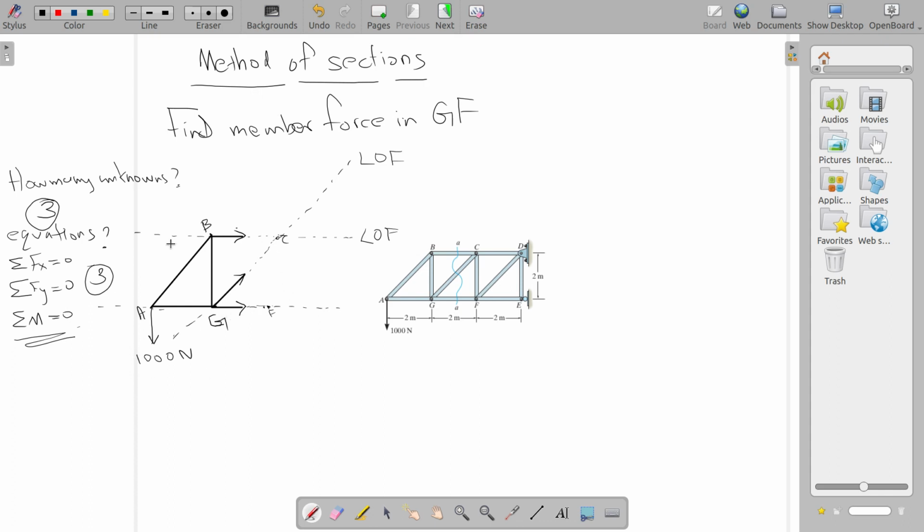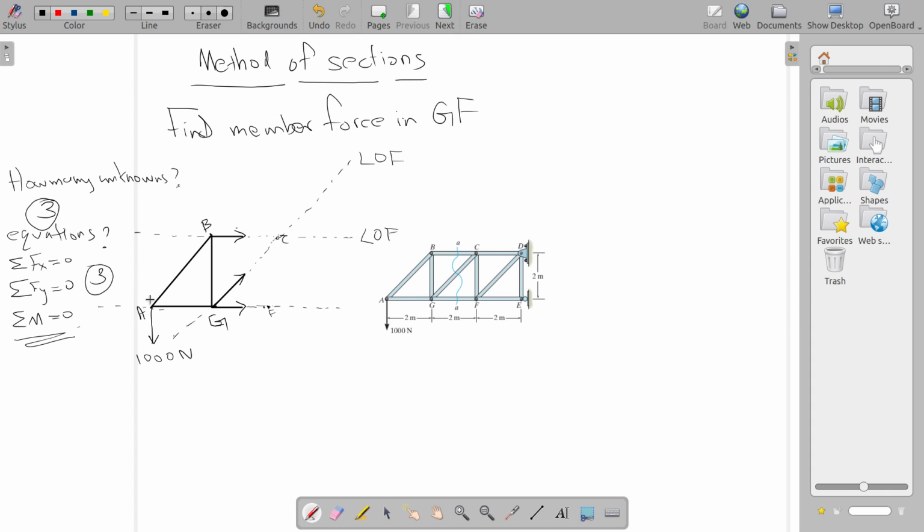So if we choose a point in such a way that many unknowns are passing through that point, then those unknowns will not be present in the equation. Listen carefully again. If we choose the point about which we take moment in such a way that it has as many unknowns as possible passing through it.